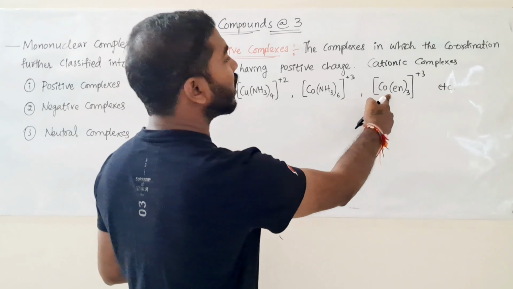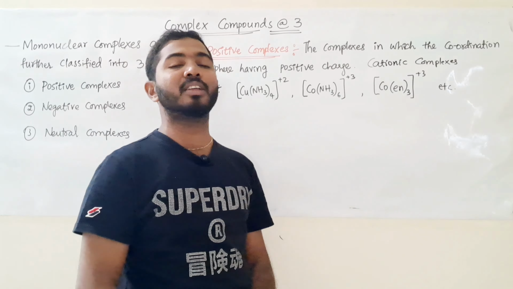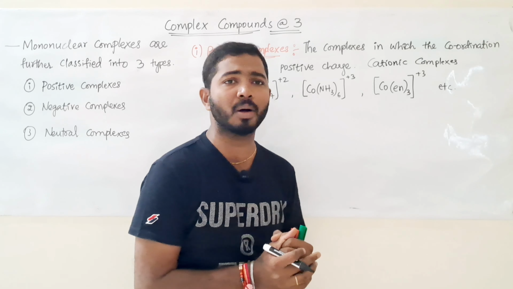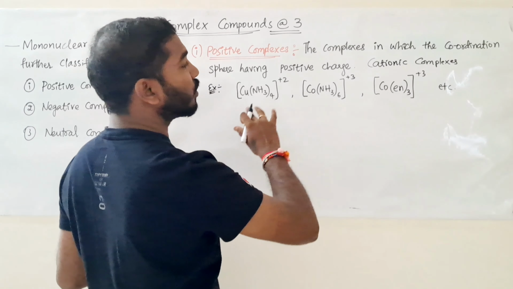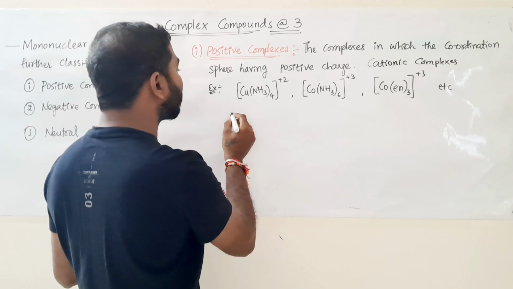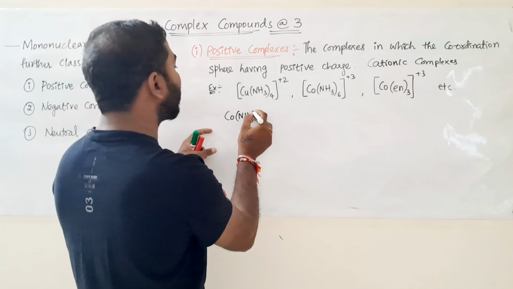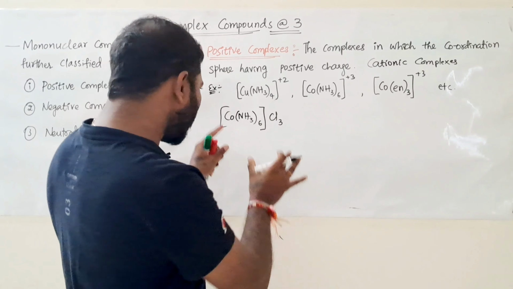Now if they give it directly like this, it is very easy to identify whether it is a positive, negative, or any other type of complex. But in case they do not give this type of representation, they may give us [Co(NH3)6]Cl3.